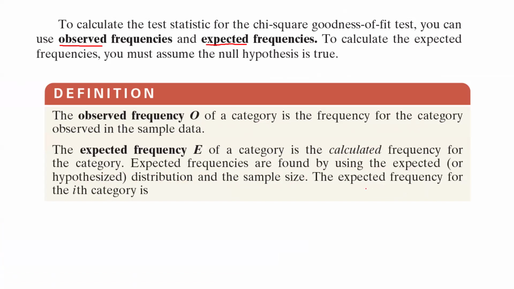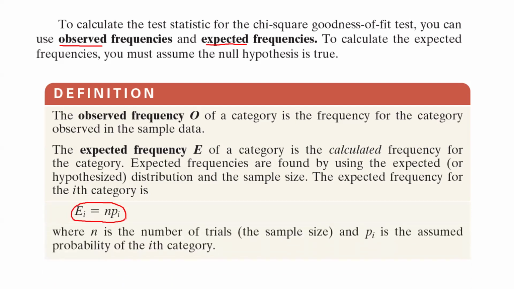The expected frequency for the ith category is E sub i equals N times p sub i. N is the number of trials or the sample size. p sub i is the assumed probability of the ith category.